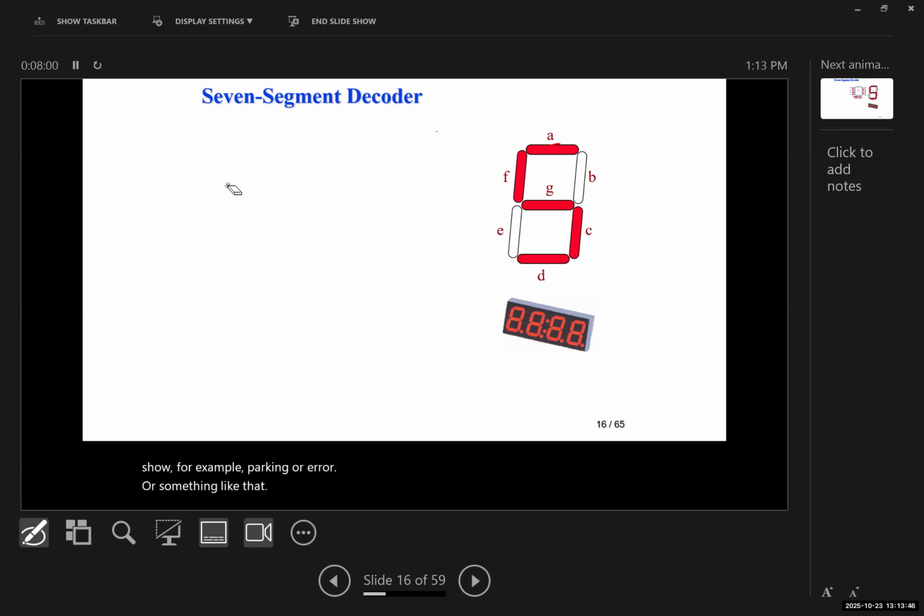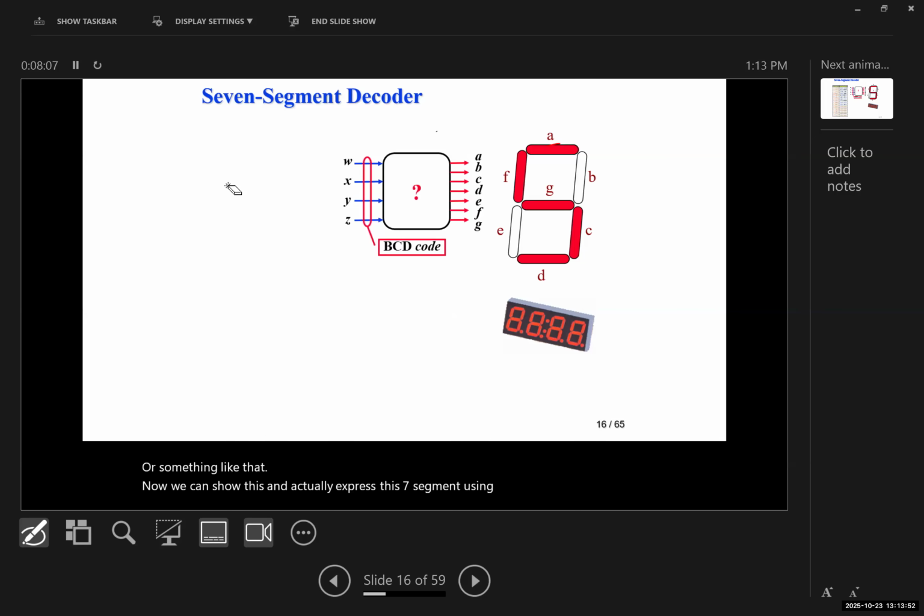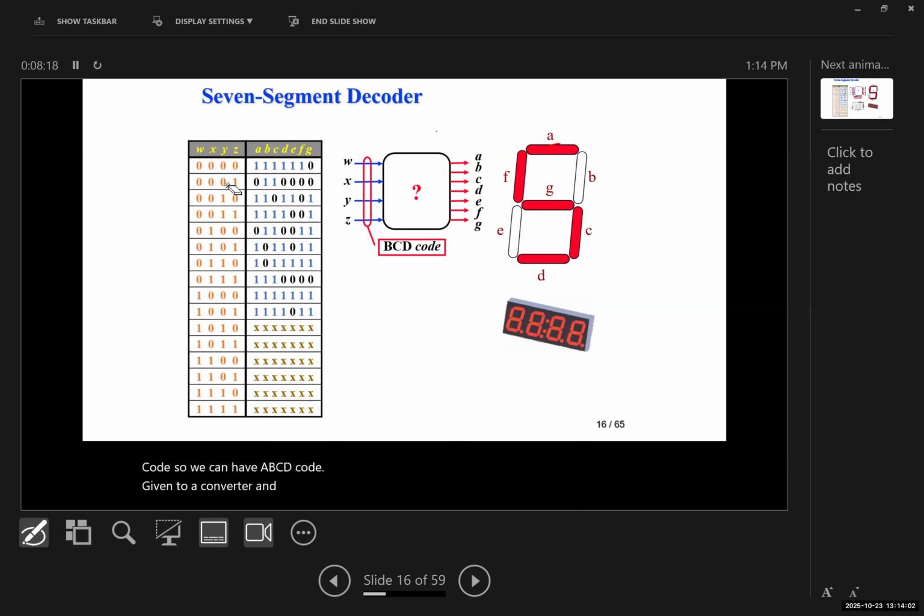Now, we can express this 7 segment using a BCD code. So we can have a BCD code given to a converter, and at the output we can have the 7 segments, A, B, C, D, E, F, and G, these 7 LEDs. Now we can start from 0, 0, 0, 0, which is the number 0.